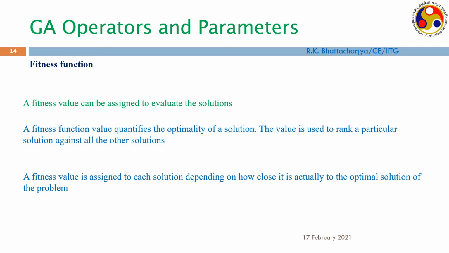So we are assigning some value because we are working with an optimization problem. To quantify the fitness of that particular solution, we have to assign some number, and this number is given by the fitness function.